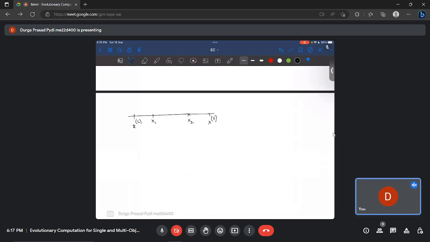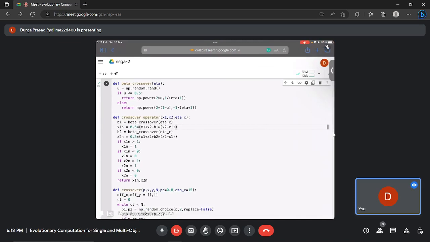After crossover, you essentially have some probability distribution, and it can happen that the new individuals you get will exceed the bounds. So we discussed that if this happens, you need to cut it off to the value of the bound. If the new solution exceeds the bound, you make it equal to the bound. That is exactly this particular step.